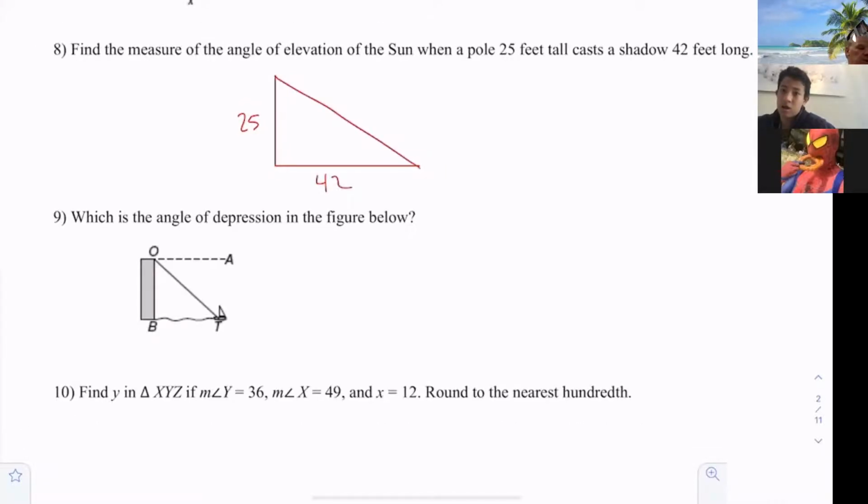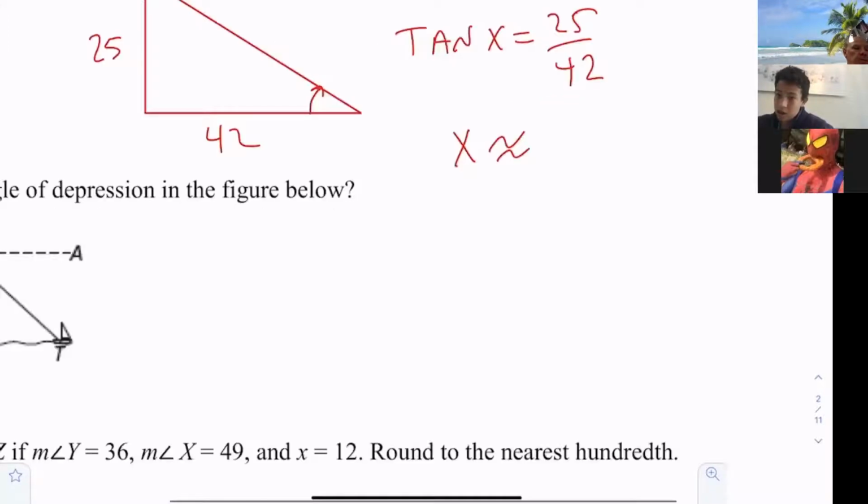And so this is our angle of elevation. So that's just the tangent of X is equal to 25 over 42. So X, the angle of elevation, is approximately what? 30.7. And then you would say degrees.